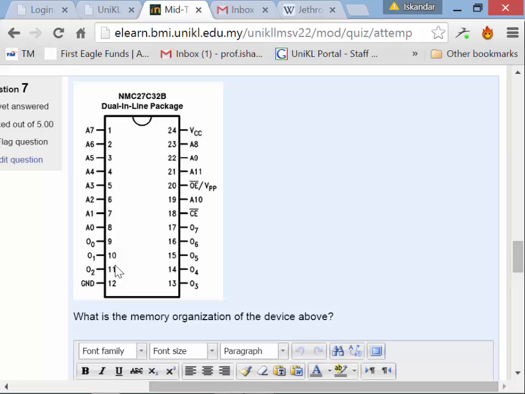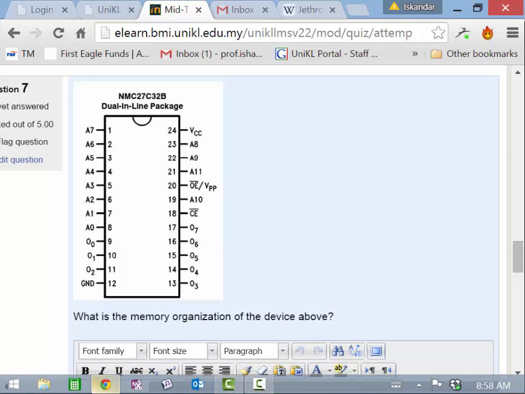But we've got these lines 00 through 07, so that tells us that this is a by 8, right there. And we've got our address lines, we start here with A0, and our top one is A11.